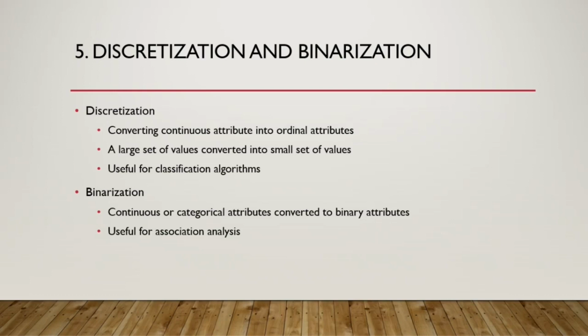So the entire age group is divided into two parts, which is what I mean by binarization. So maybe from age 0 to 50 the value will be 0, and from 50 to 100 the value is 1. So 0 and 1, only 2. So binarization means a special type of discretization where we are putting these continuous or categorical attributes in only two groups. Okay, it's useful for association analysis. What is that? That will come later.